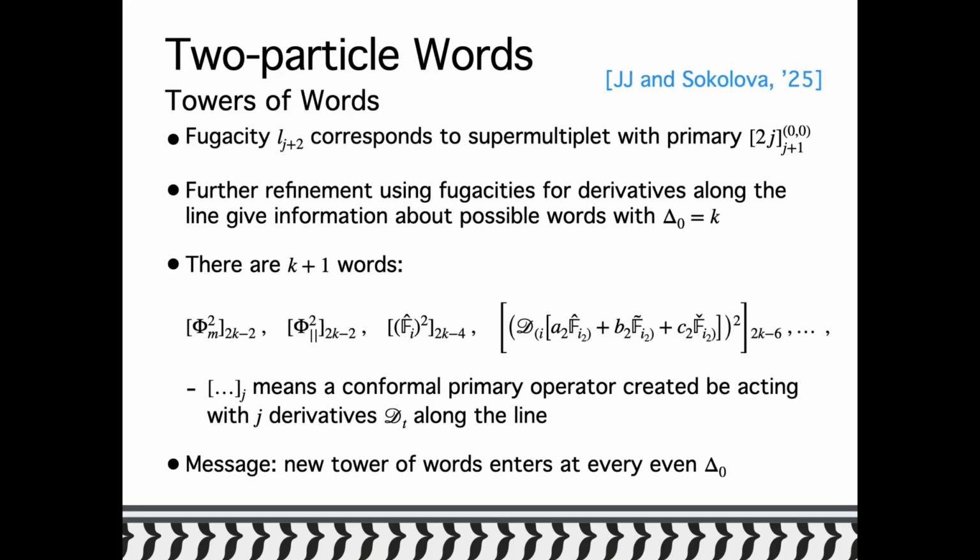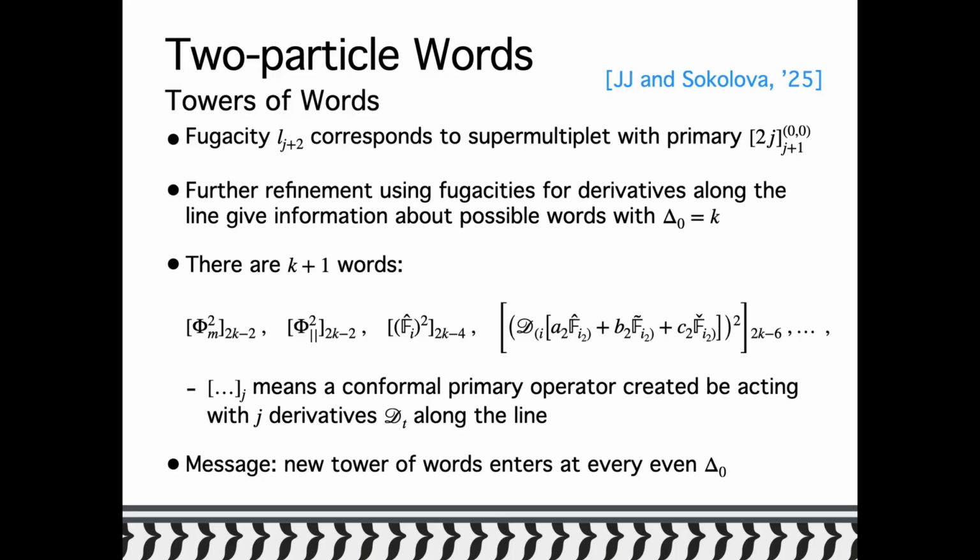Initially we have a state with phi m squared. That contracts the m index, the SO5 index, so now this is a singlet. And I can make a conformal primary acting with 2k minus 2 covariant derivatives on this. So not a conformal primary, sorry.